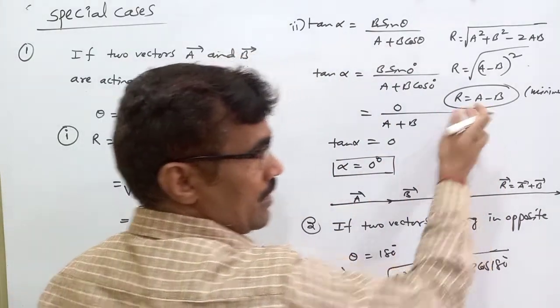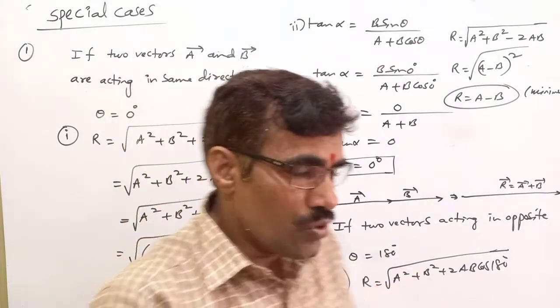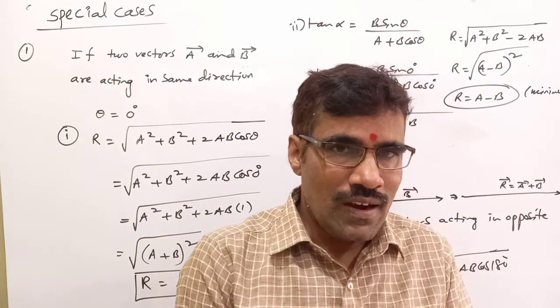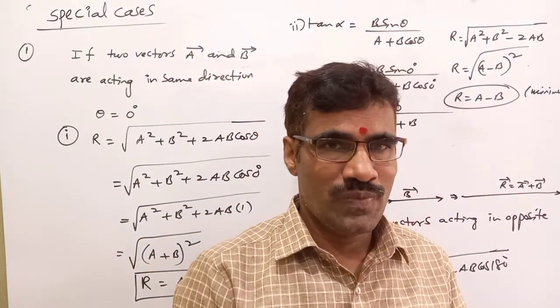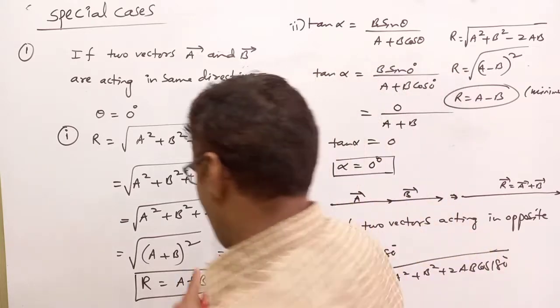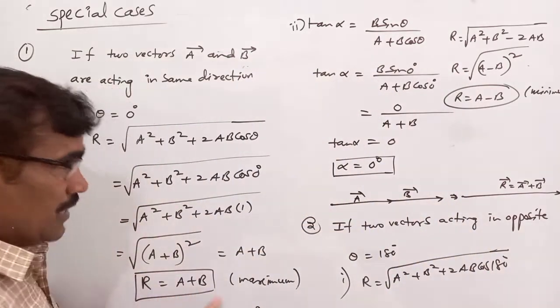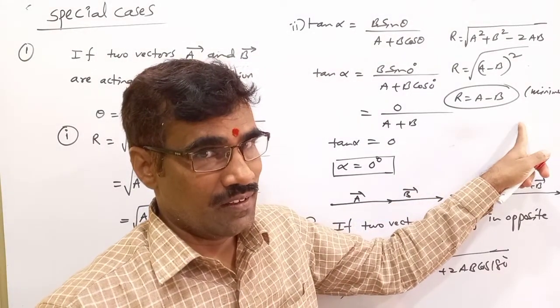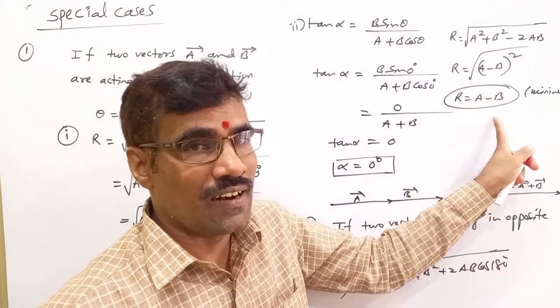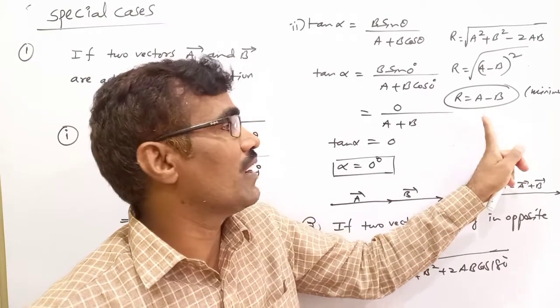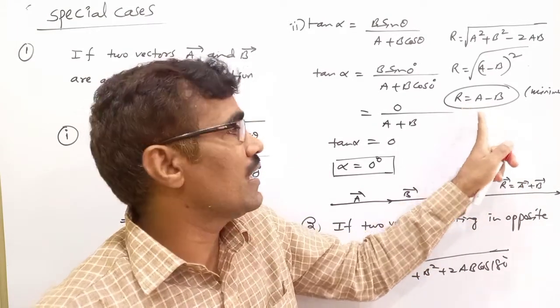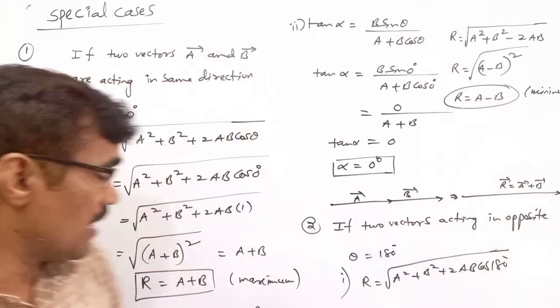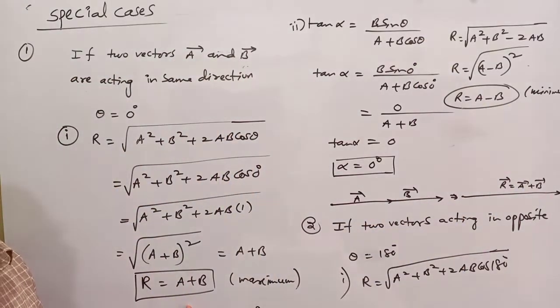The magnitude of the resultant vector lies between these two. When theta is 0, A plus B; when theta is 180, A minus B. So the R value is never less than A minus B and never greater than A plus B.